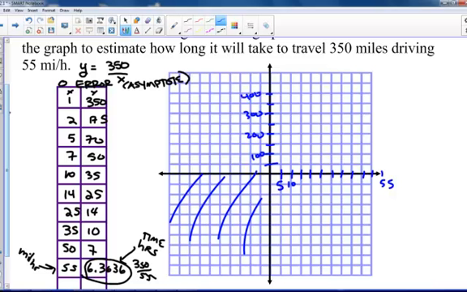So 1 gives 350. 2 is 175. 5 is 70. 7 is 50. 10 is 35. 14, 25. 25 is 14.